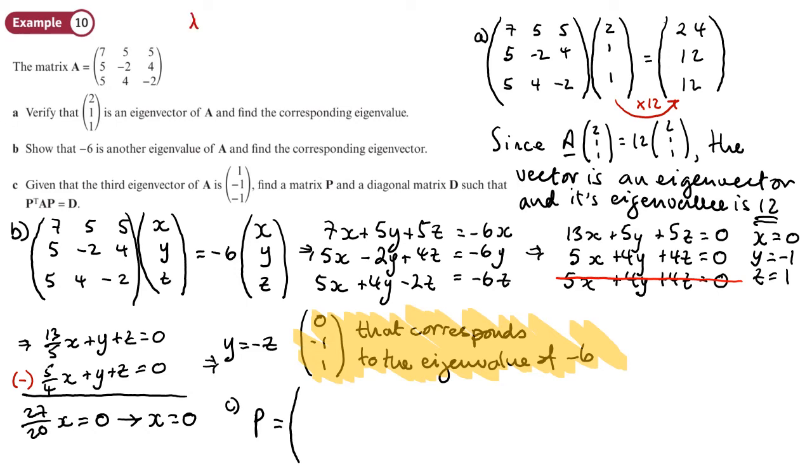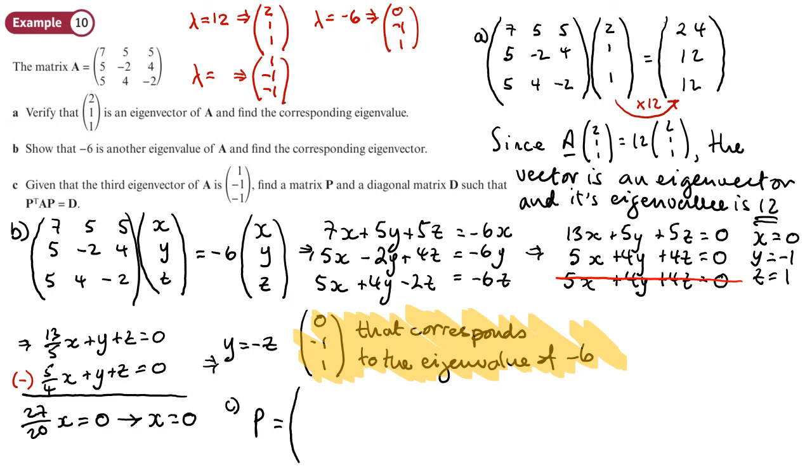For the eigenvalue of 12, I got this matrix that was in part A. For the eigenvalue negative 6, we got the eigenvector of 0, negative 1, 1. Now in the last part of the question, we don't know what the eigenvalue is, but we do know what the eigenvector is. That's going to be 1, negative 1, negative 1.